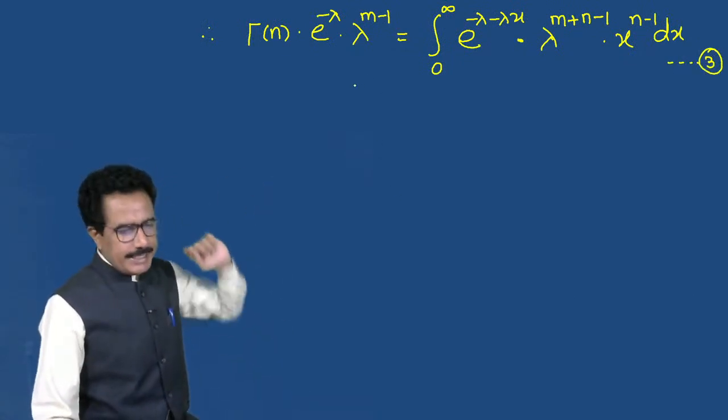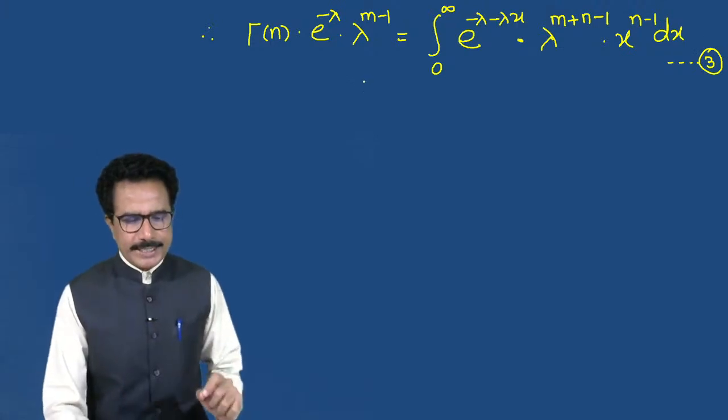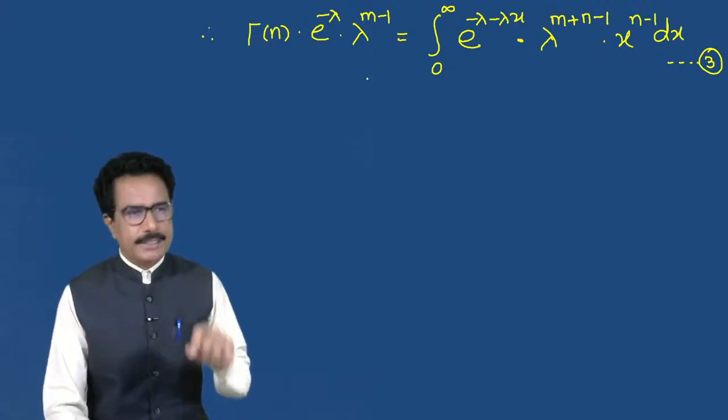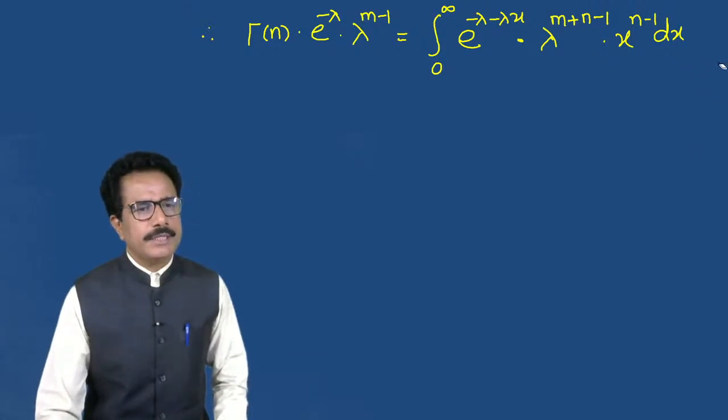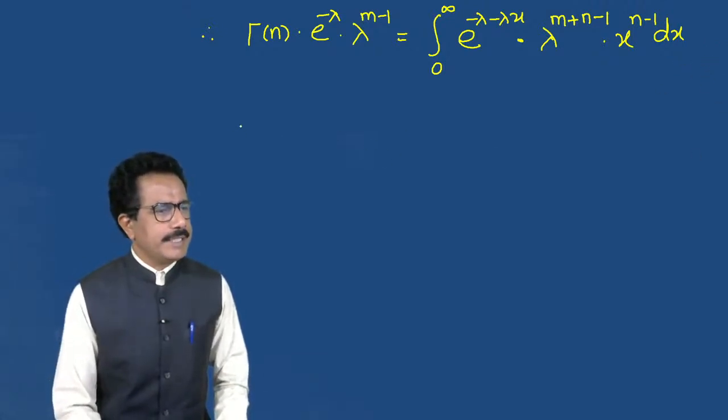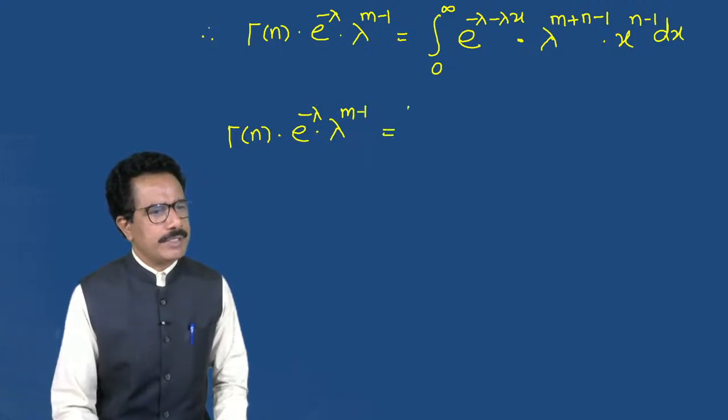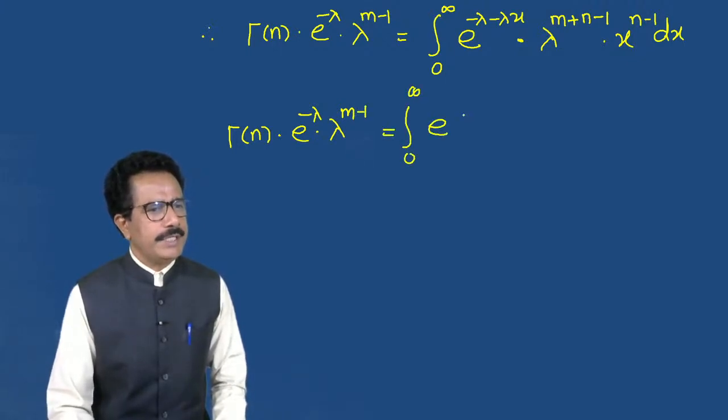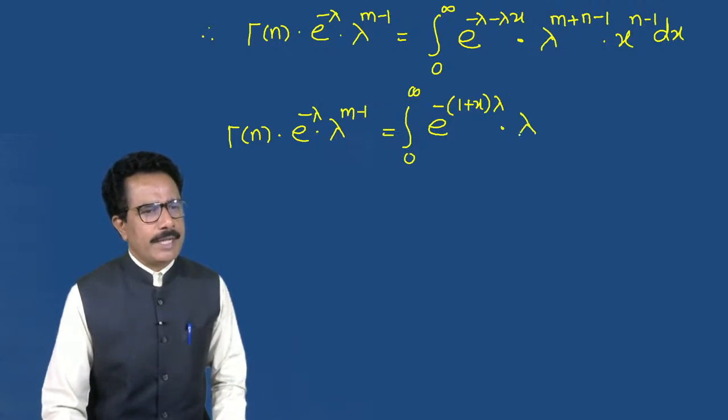Now we can take integration with respect to lambda, or okay, let me solve one more here, one minute. That can be written as gamma n into e raised to minus lambda into lambda raised to m minus 1 which is equals to integral from 0 to infinity e raised to minus lambda, taking 1 plus x in a bracket, into lambda raised to m plus n minus 1 into x raised to n minus 1 dx.